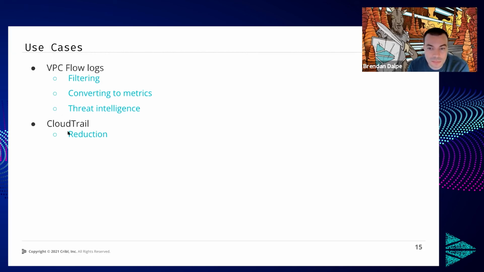I only want to see when something's changed. So get, list, or read, those type of describe, those type of API operations, don't really care about those. But what about the set, update, change, create, those type of operations? I really want to see those, so we can use the pipelines to filter out the noise.